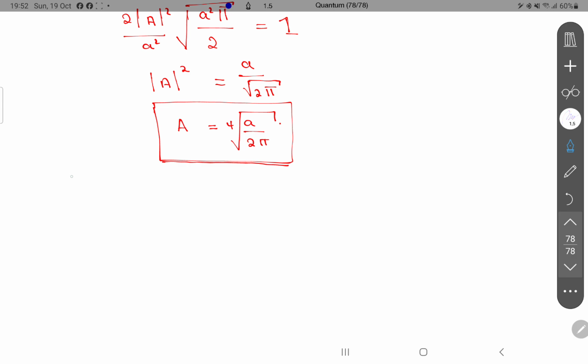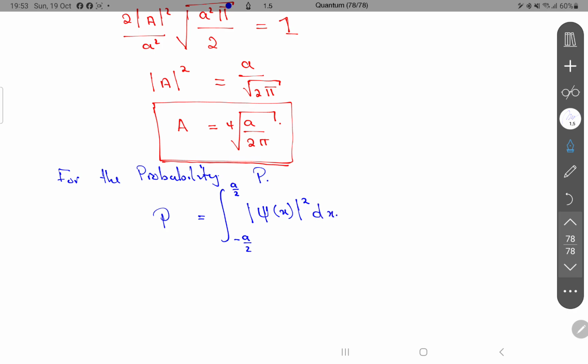Now, to calculate the probability, let's use p. The probability p is given as the integration from negative a over 2 to a over 2 of the probability density of the wave function dx, from the normalized vector. So from the normalized vector, what was our wave function?